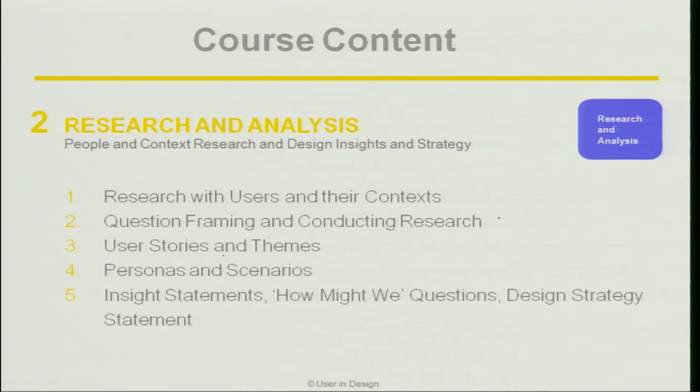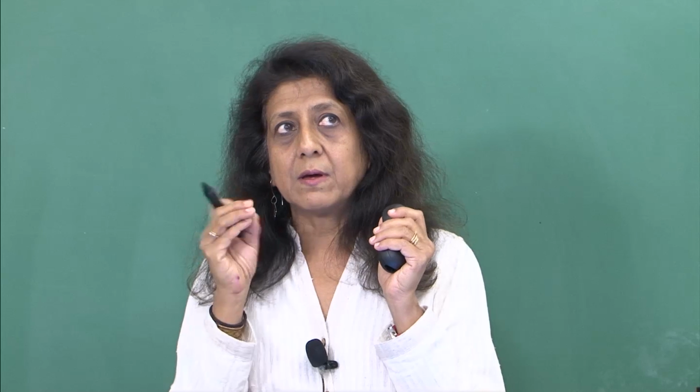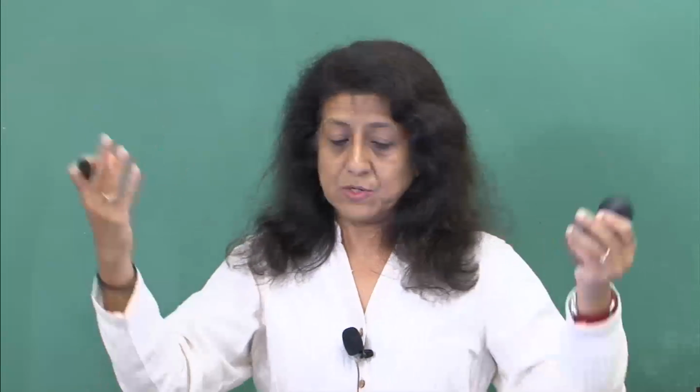And then we arrive at insight statements, where we use these 2 or 3 different approaches that we will learn: insight statements, what are the insights from our research, then how might we questions? How do we take those insights and frame them as questions so that those questions become the impetus for us to then create solutions?